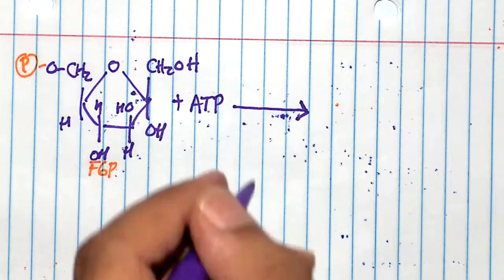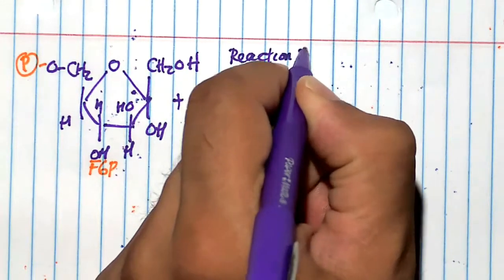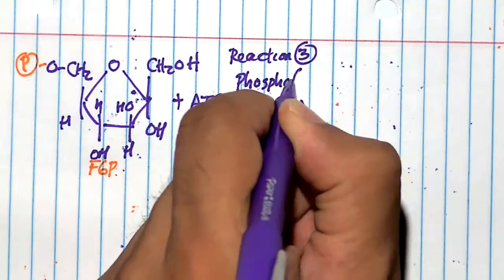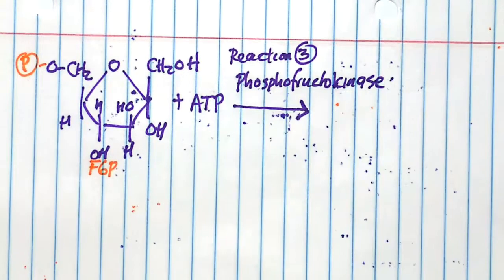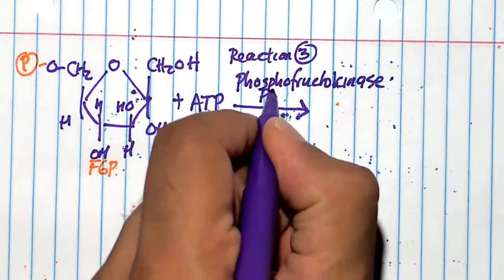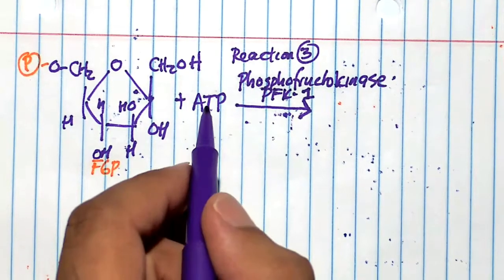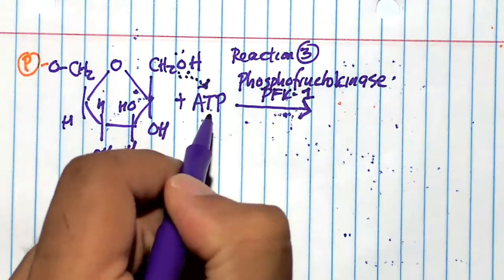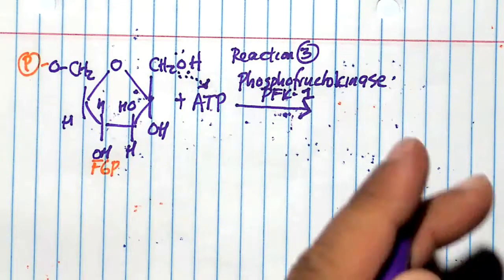The enzyme that catalyzes this reaction, or reaction 3 of glycolysis, is phosphofructokinase, also known as PFK1. And PFK1 is going to take that ATP molecule. This does a nucleophilic attack on the gamma phosphate. ADP comes off as one of the products.